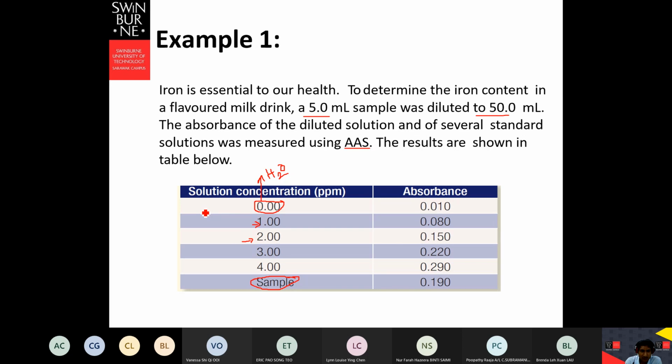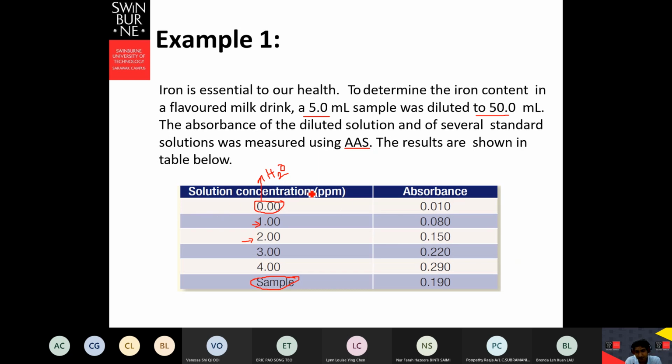I calculated, I took iron, I measured accurately, I prepared the sample accurately. I have done this experiment by myself, so I'm sure I calculated it myself. So I prepared the sample. I know that I have prepared 1 ppm, 2 ppm, 3 ppm, 4 ppm samples, right?